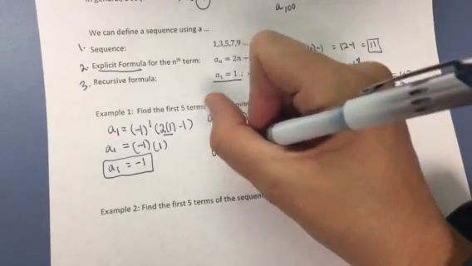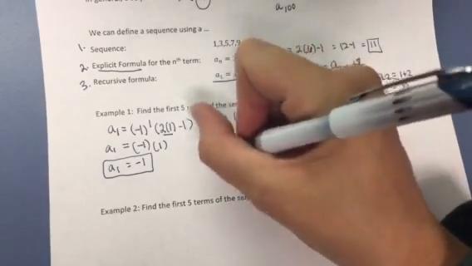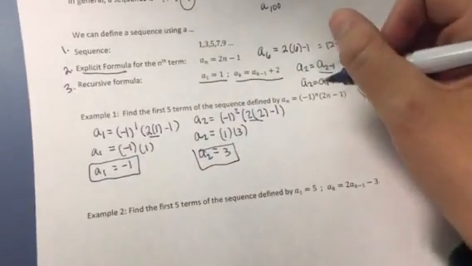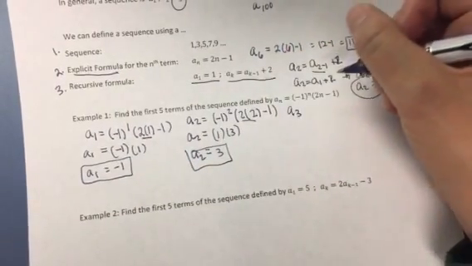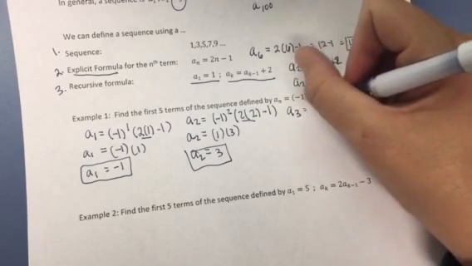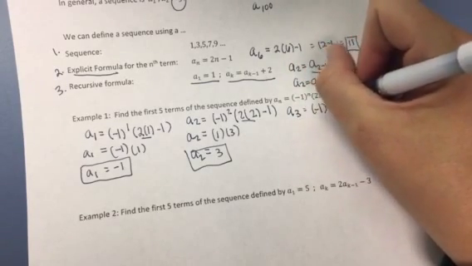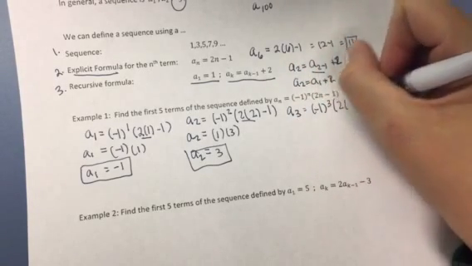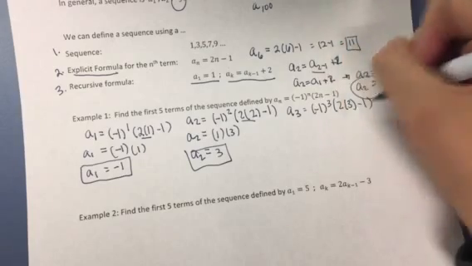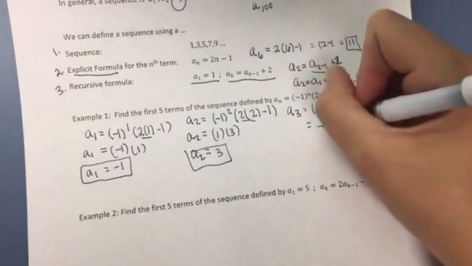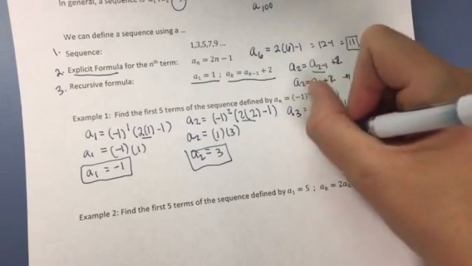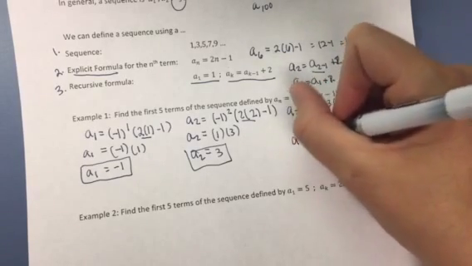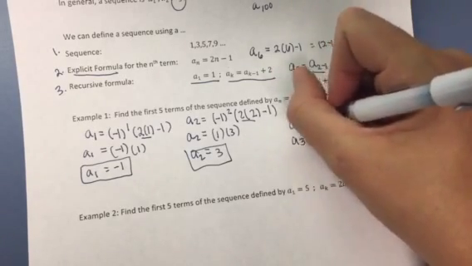All right, so then a sub 3, we've got negative 1 to the third times 2 times 3 minus 1. So that's going to be negative 1 times 6 minus 1. All right, so a sub 3 is negative 5.